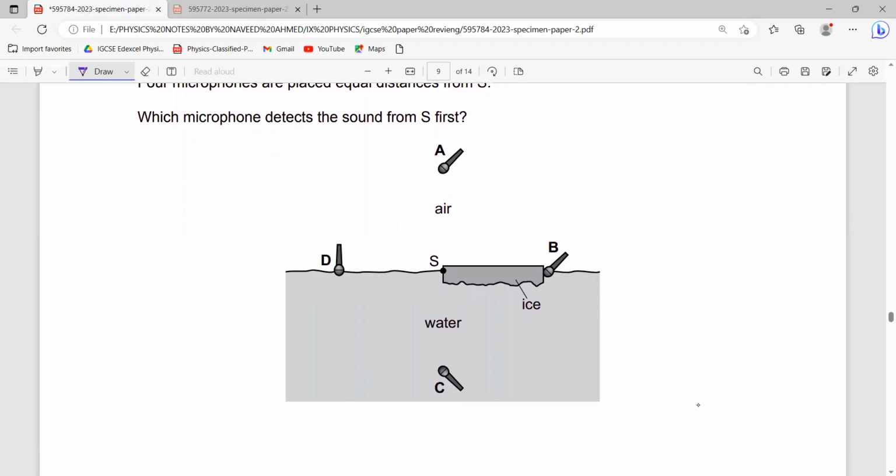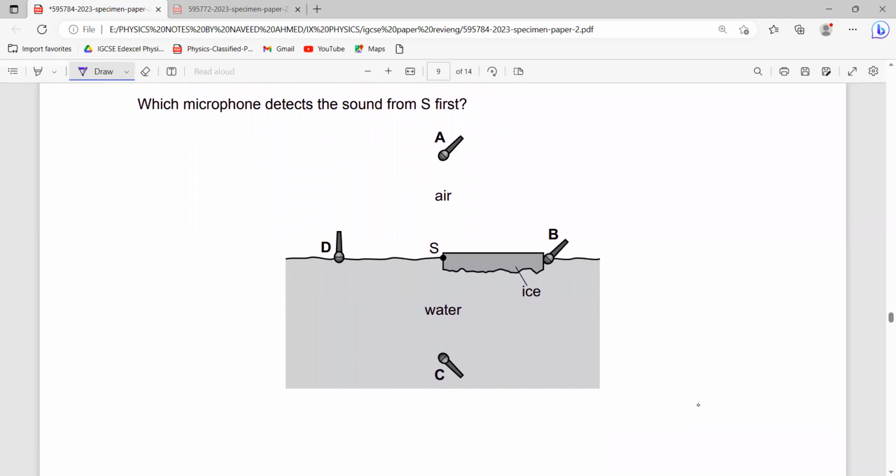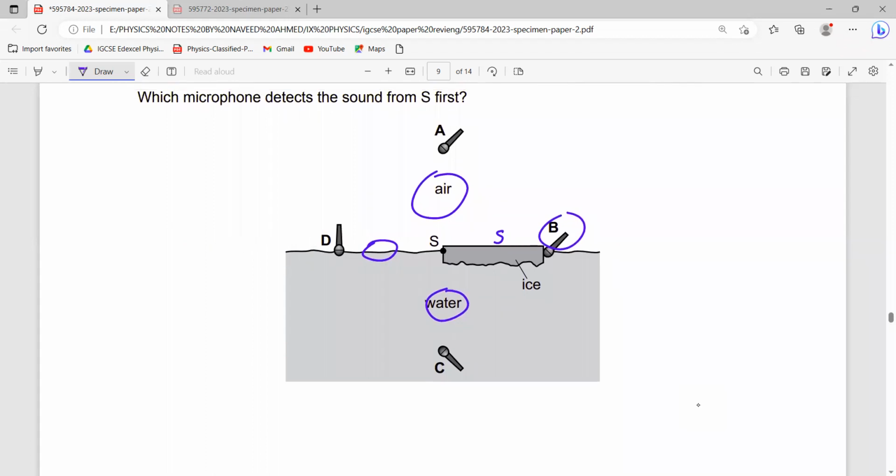See, in A, the medium for the traveling of sound is air. Here the medium is liquid. Here also liquid. But here the medium is solid. So you know the speed of sound is quicker in solid. So microphone B will detect it first. The right option is B.